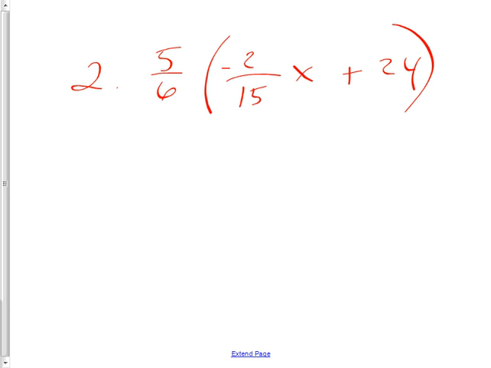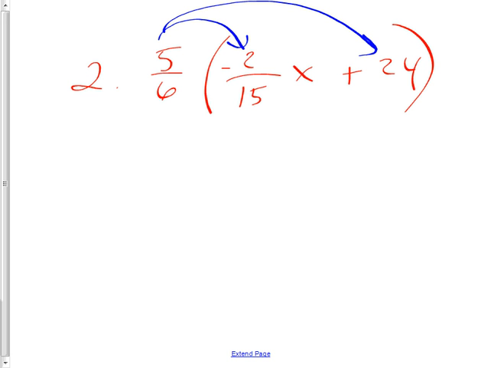They're throwing in fractions at you right away. Are there fractions in this class? There definitely are fractions in this class. Happen a lot, in fact. Negative 2 over 15 x, and then I'm just writing the problem here, plus 24. Okay, so here's what I would do on this one. I would take this times this, and this times that.